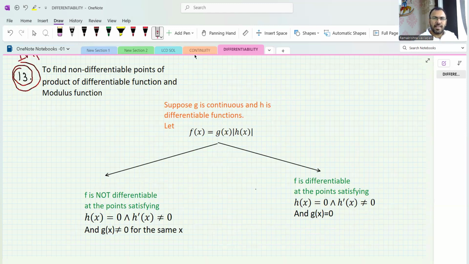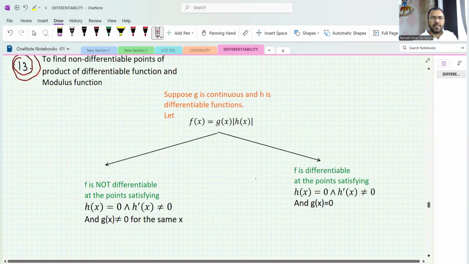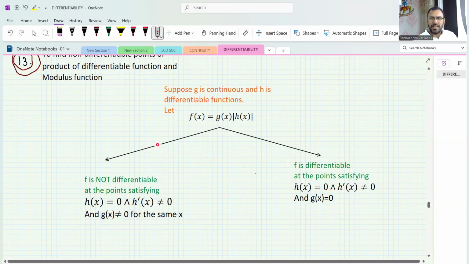Here you see that g is a continuous function, h is a differentiable function. This is the product. We want to check the non-differentiable and differentiable points of this function. Well, we don't apply the differentiability formula, the limit as x tends to c of f of x minus f of c by x minus c.